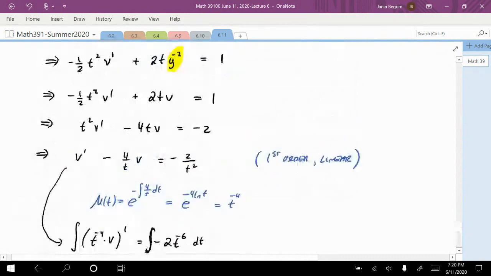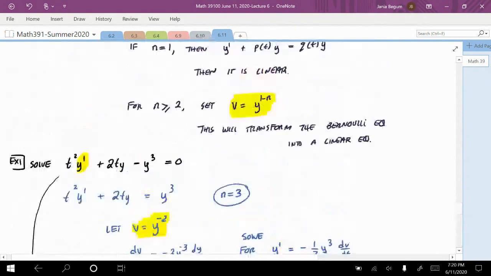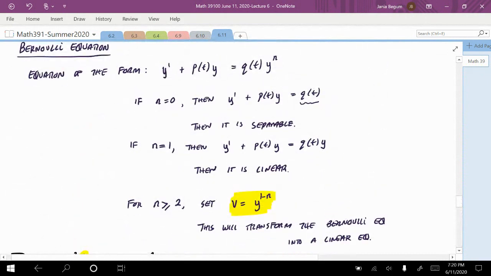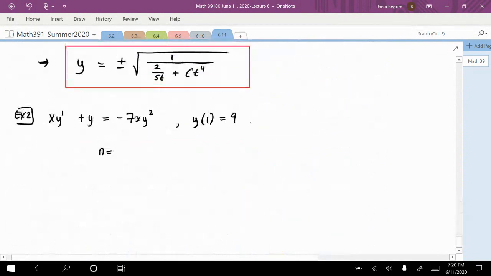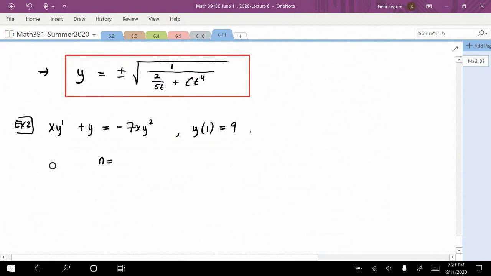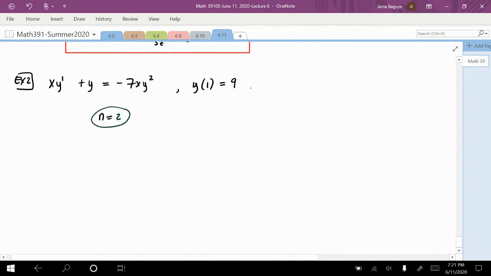So n is the power of y on the right side. We have 7x, that's just a function g. When you divide by x, it becomes negative 7. So n is 2. Okay.